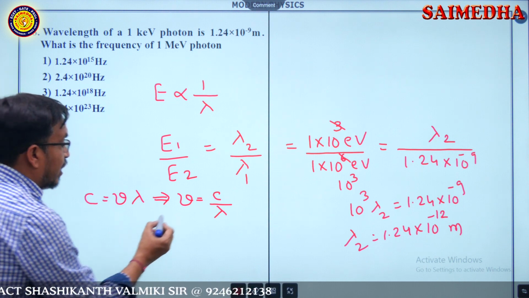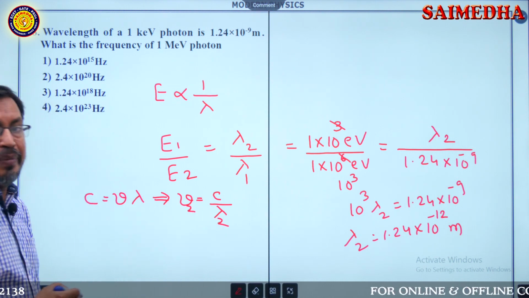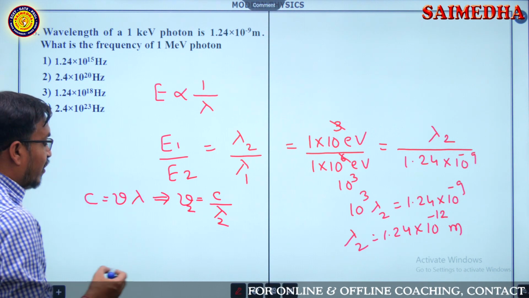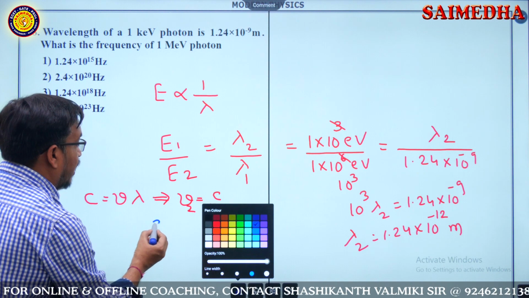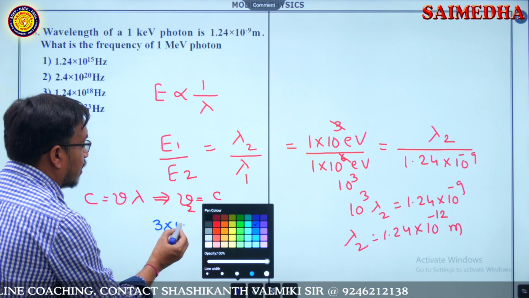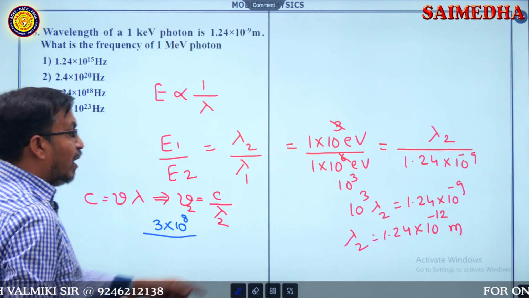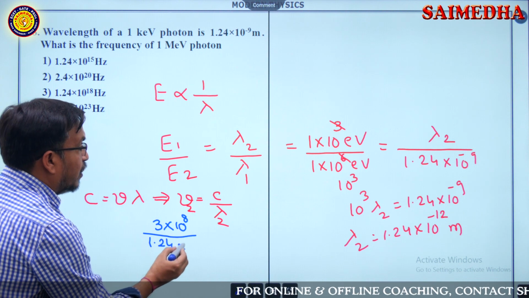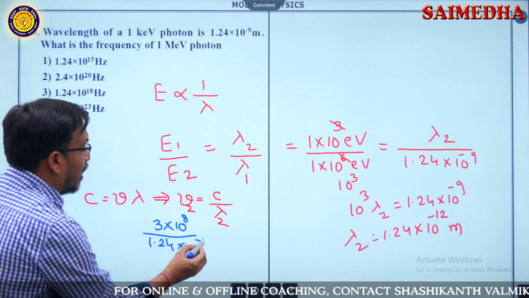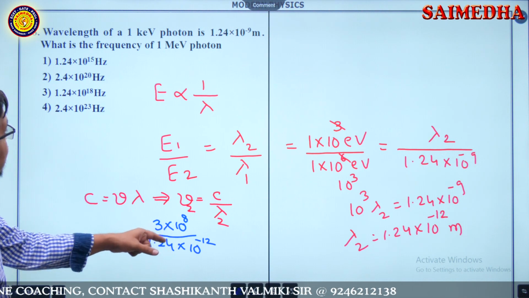So I am calculating the frequency in the second case: nu 2 equals C by lambda 2. The velocity of light in air is 3 into 10 power 8, divided by the lambda 2 value, 1.24 into 10 power minus 12. Here 10 power minus 12 is in the denominator.